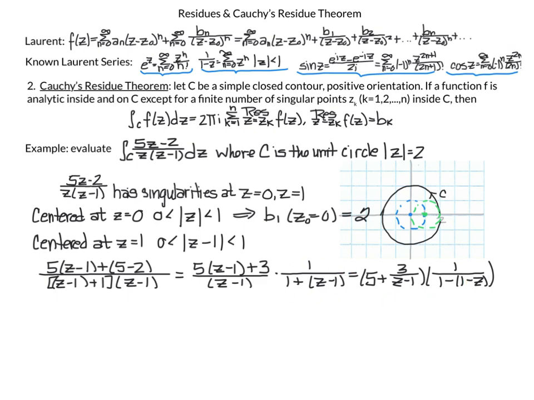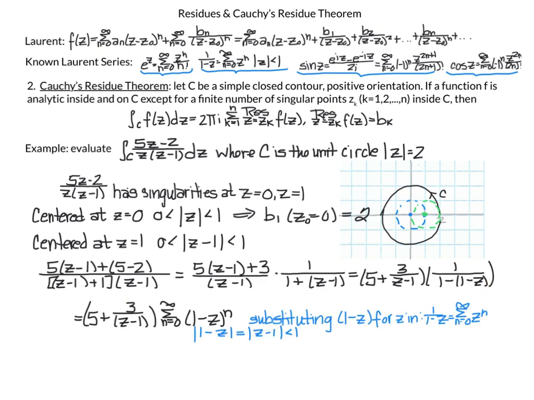Oh, wait, no, I did one thing. Because I'm going to be using this formula, I introduced a negative sign here, which converted this to 1 minus z. Now, using this formula, which I rewrote here, what I did is I substituted this 1 minus z in for z. So I still have my factor of 5 plus 3 over z minus 1.